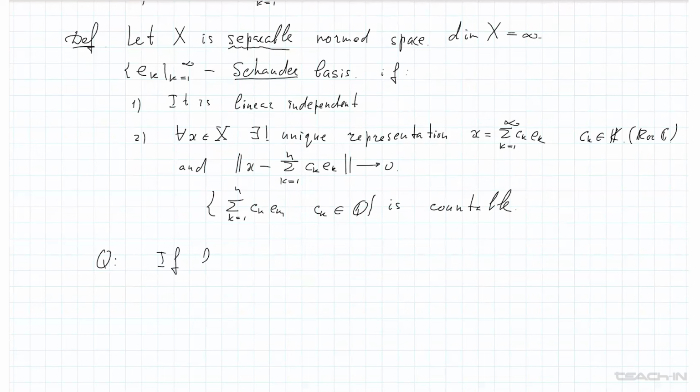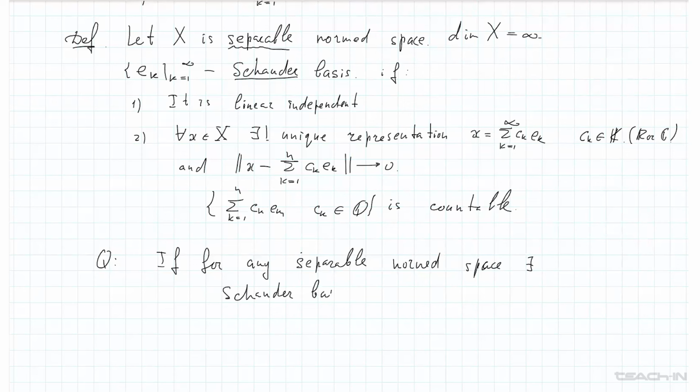Question: does there exist a Schauder basis for any separable normed space? The common answer, unfortunately, is the same: no. The example is not simple.